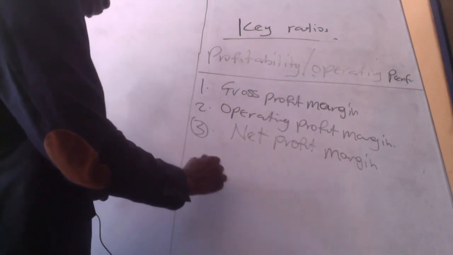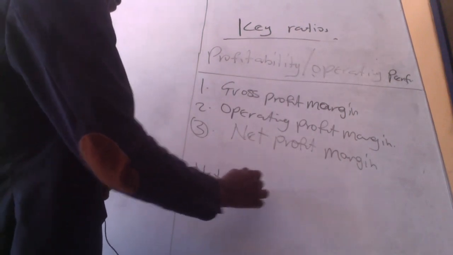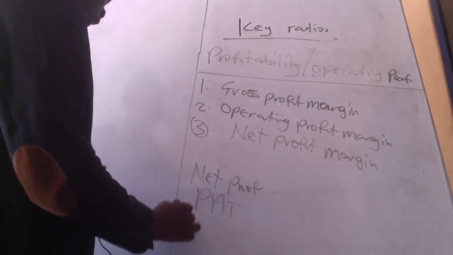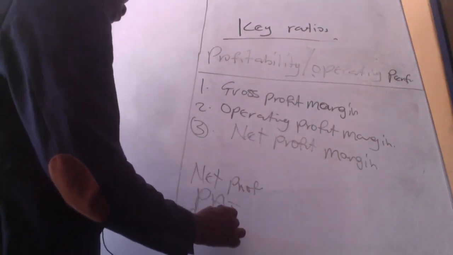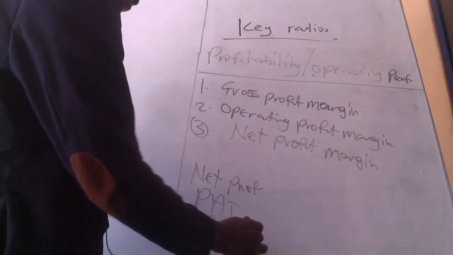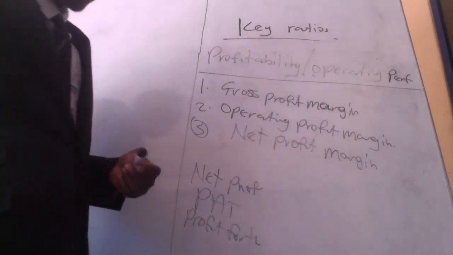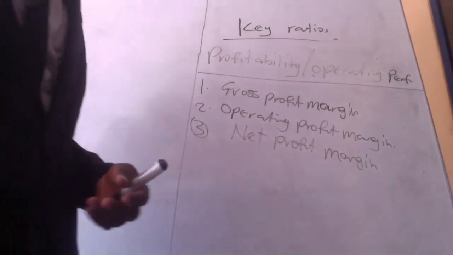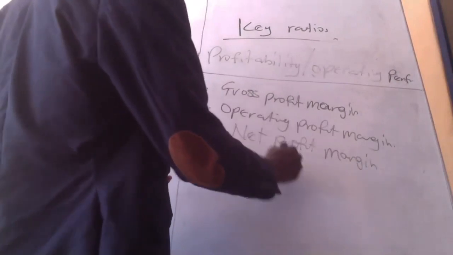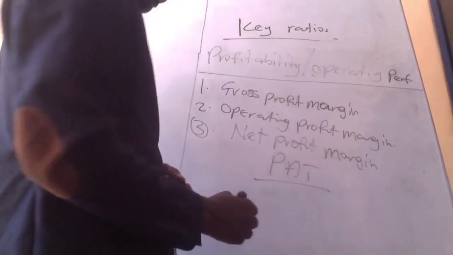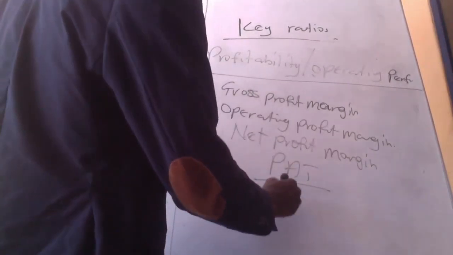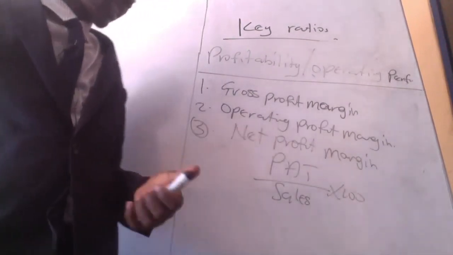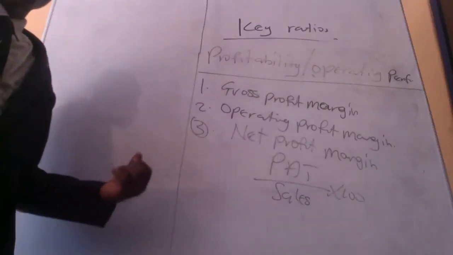Your net profit is the same as your profit after tax, the same as your profit for the year. So take note for me. These three profits are basically the same. So net profit margin will be profit after tax divided by sales times 100. That's the net profit margin.